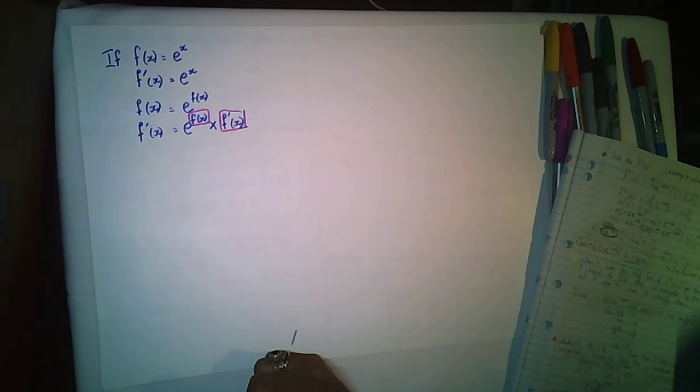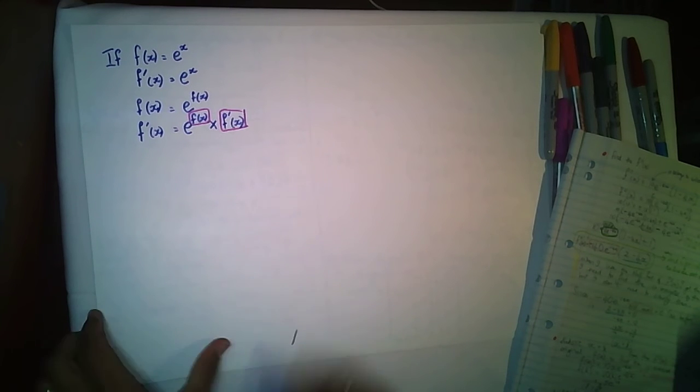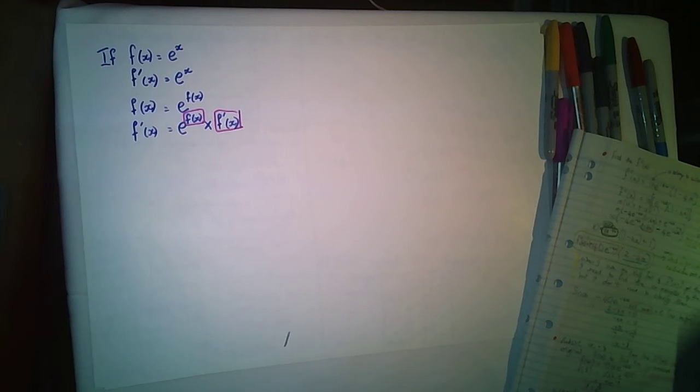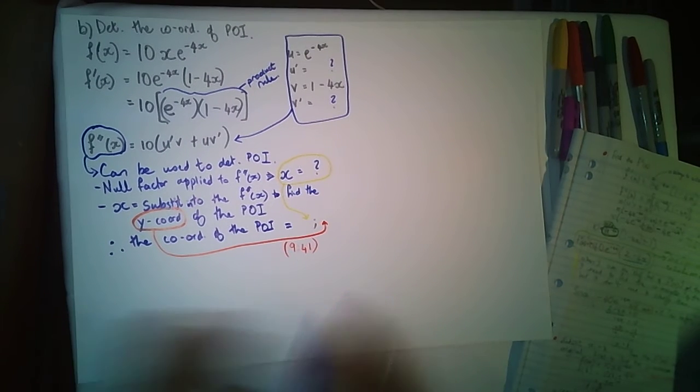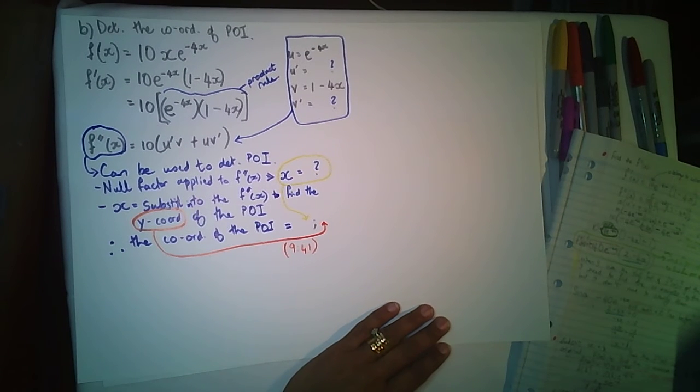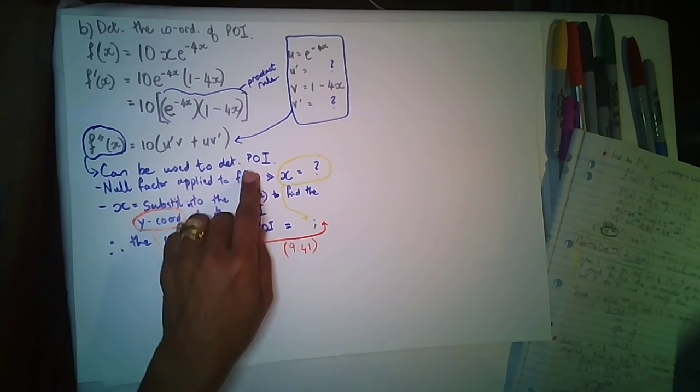When we found the derivative, the function was quite a complex one, and last time we ended up with that situation where we could find the point of inflection.